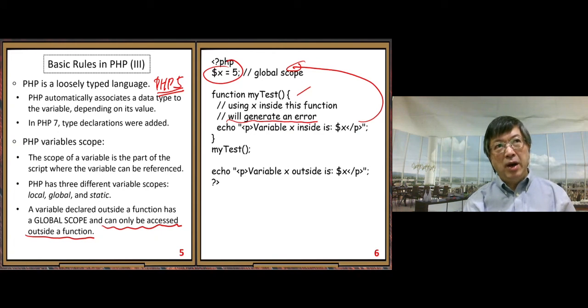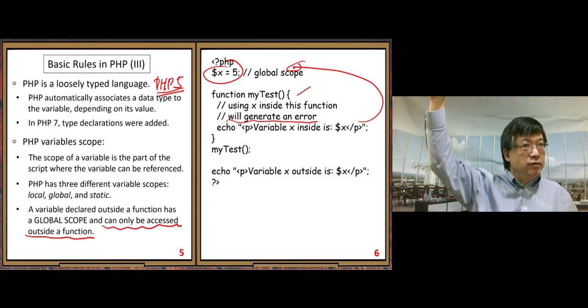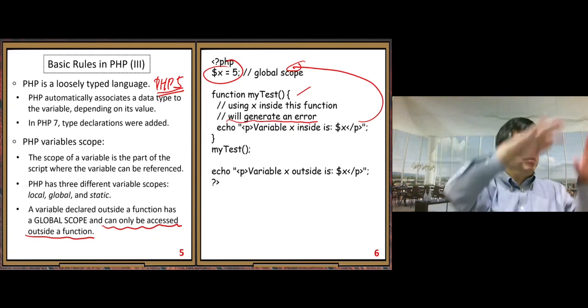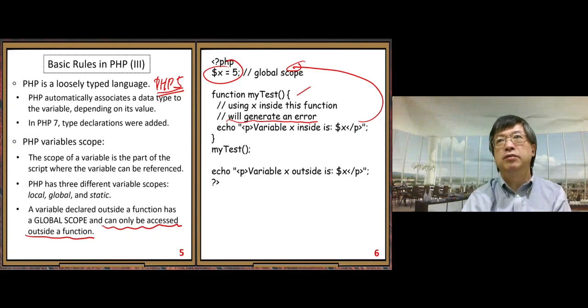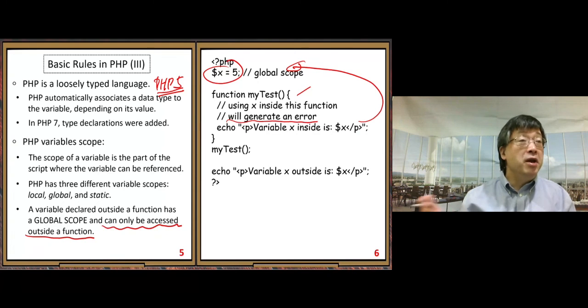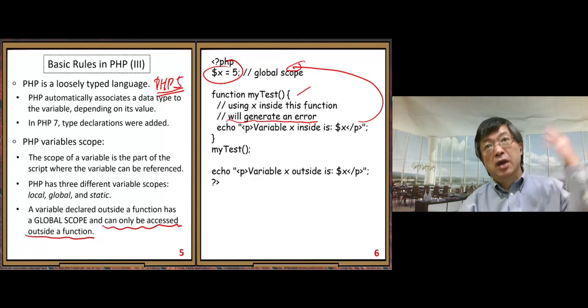Think about it: if you write a big project, you have many functions, hundreds or even thousands of lines of code, and you use many global variables. How do you keep track of the values of your global variables? You cannot. How do you memorize?